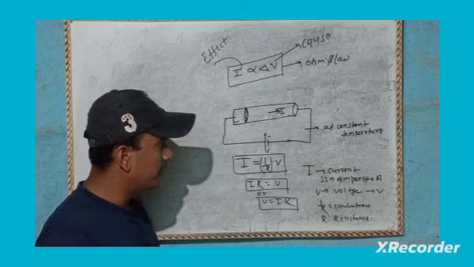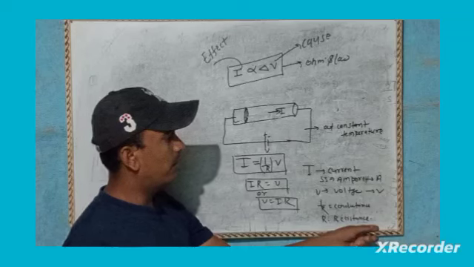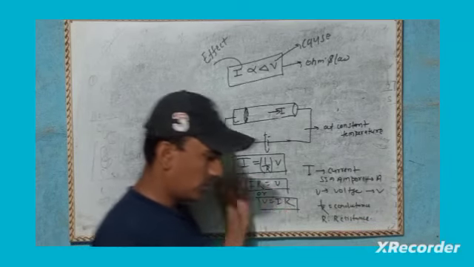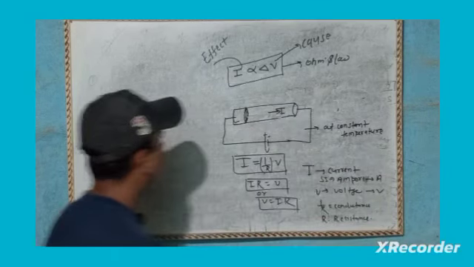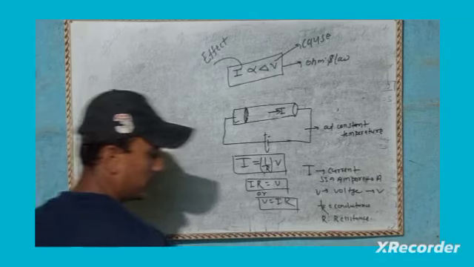So now I will explain the graph between voltage and current.